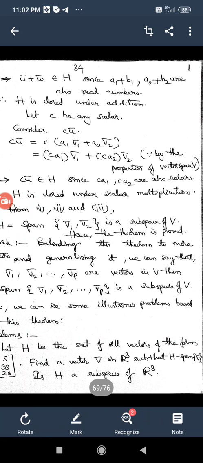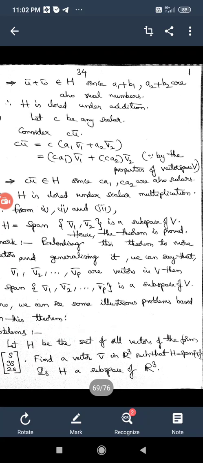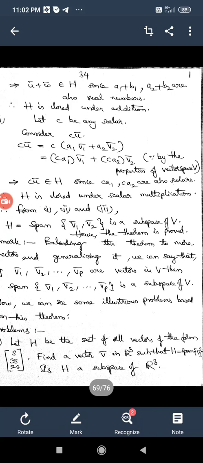And now it is asked to find a vector v bar in R3 such that H is equal to span of v bar. We have to show that H is equal to span of v bar first of all, and it is also asked further, is H a subspace of R3?